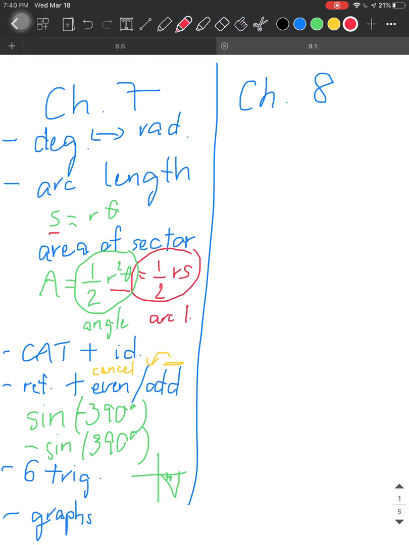All right, so enough talking about chapter 7. About chapter 8, the first thing we learn is the inverse function and how to solve for the inverse function, right? So what do I mean by solve for the inverse function?